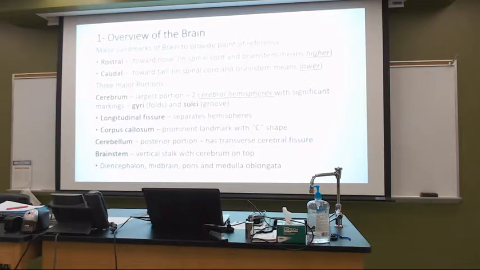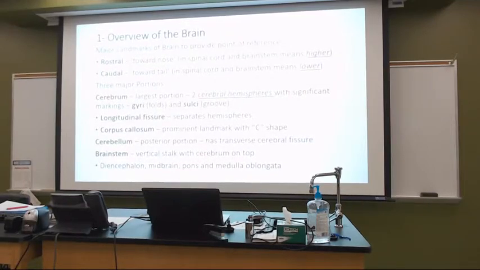And looking at the portions that exist, like I said, this is the part people tend to associate with the most. They tend to associate with the cerebrum. We do have this largest portion. It has the two hemispheres, left and right. You often hear people say left brain, right brain, that sort of thing.